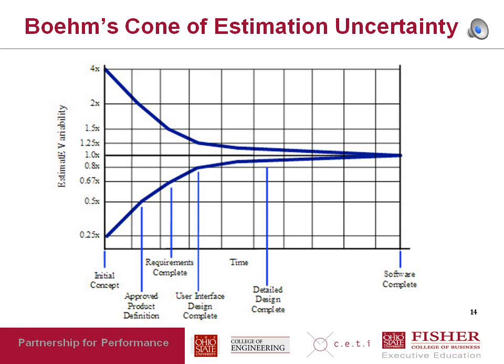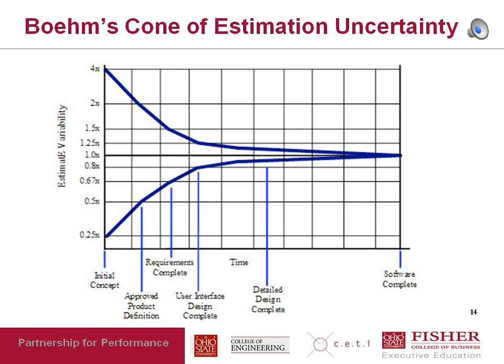The idea behind this picture is that as the project progresses from initial concept through approved product definition, requirements complete, user interface design complete, detailed design complete, and finally software complete, the amount that the actual time it took, or the actual cost, was different from the estimate of the time that it took, that variability will reduce over time.